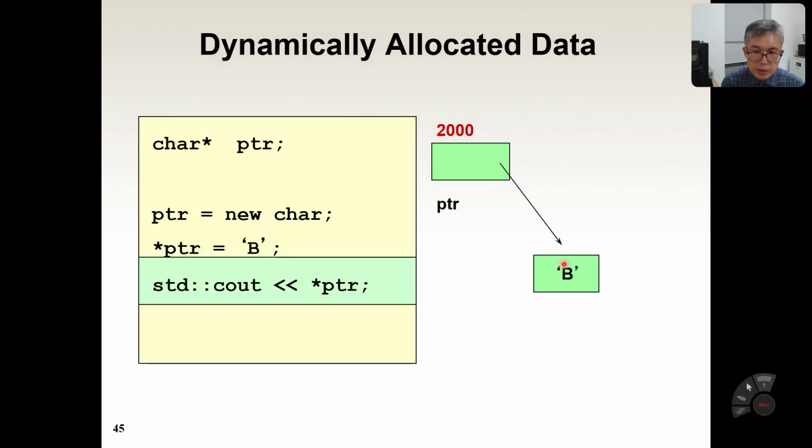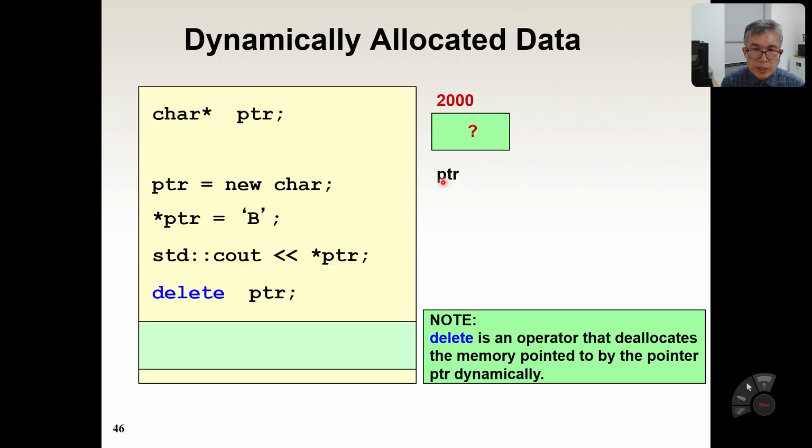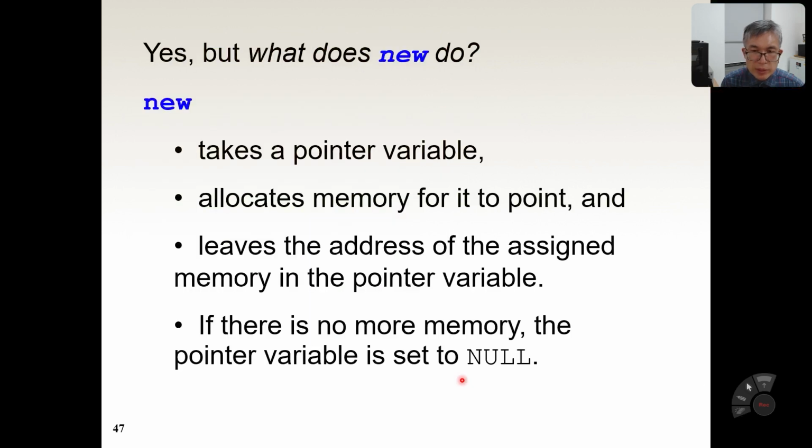Here, the value of *ptr is set to B, and then we print out B. Now we delete ptr. Note, delete is an operator that deallocates the memory pointed to by the pointer ptr dynamically.